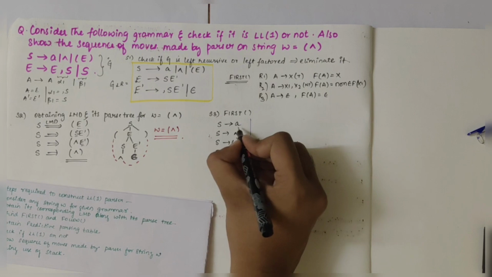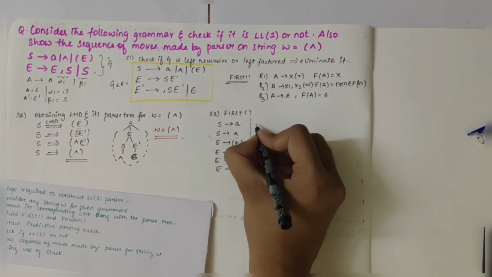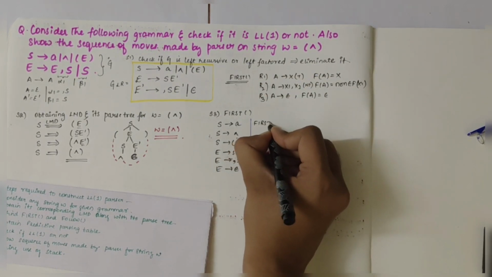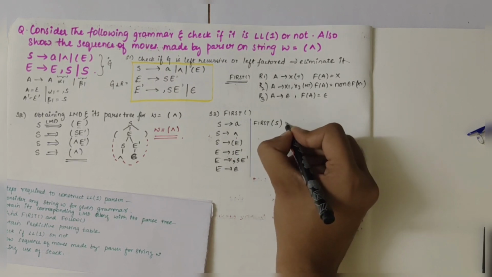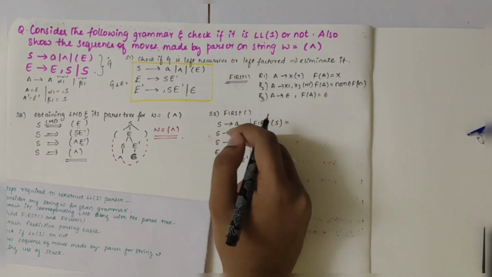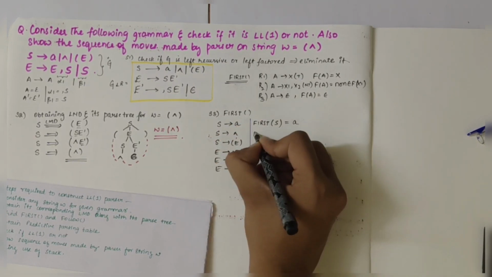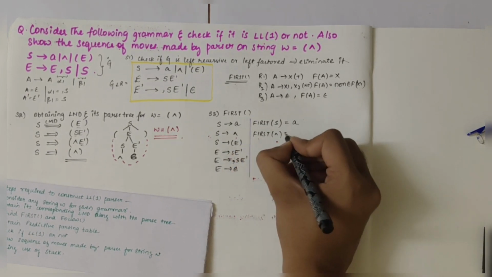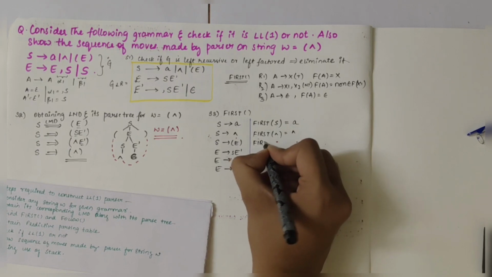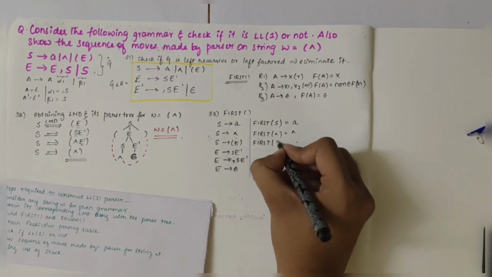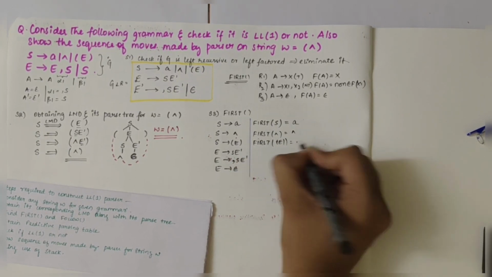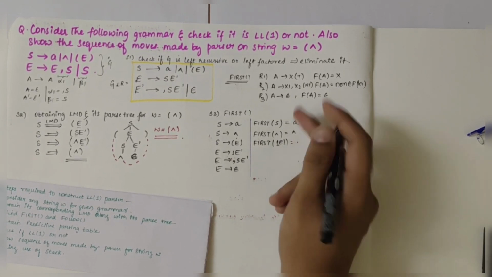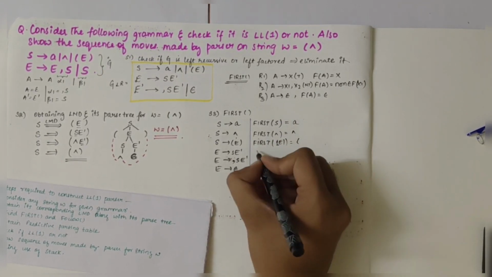Writing here, A is a terminal, so we'll apply the first rule, that is first of S you would get A, and here first of exponential symbol you'll get exponential symbol, and then here first of open bracket E and close bracket, open bracket being the terminal, you get the same.